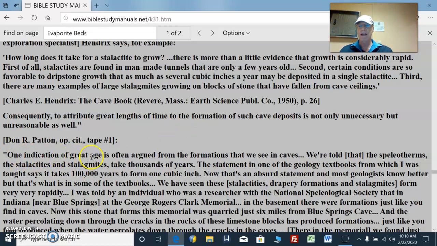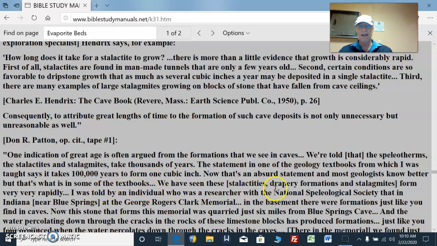Dr. Don Patton: One indication of great age is often argued for the formations that we see in caves. We are told that the speleothems, the stalactites and stalagmites, take thousands of years. One of the geology textbooks from which I was taught says it takes 100,000 years to form 1 cubic inch. Now that's an absurd statement, and most geologists know better than that, but that's what is in some of the textbooks.